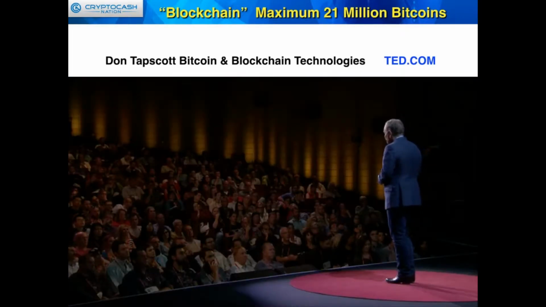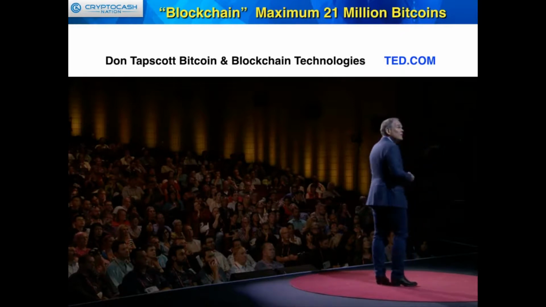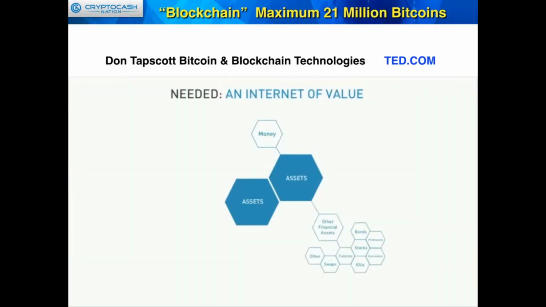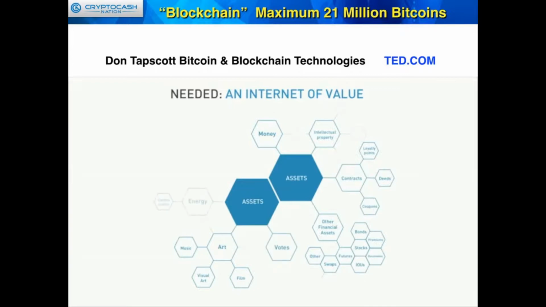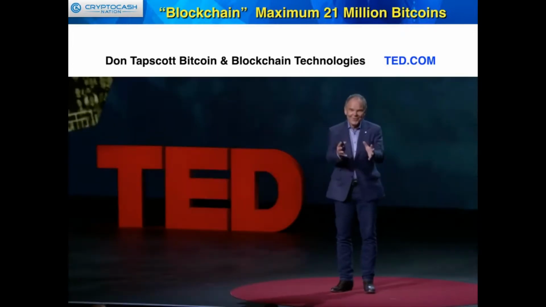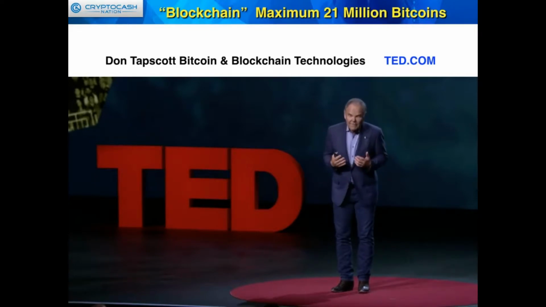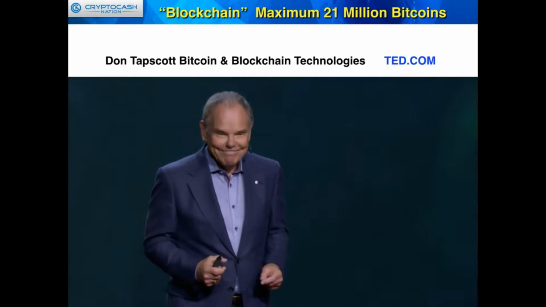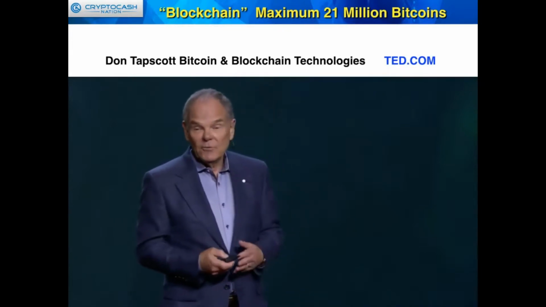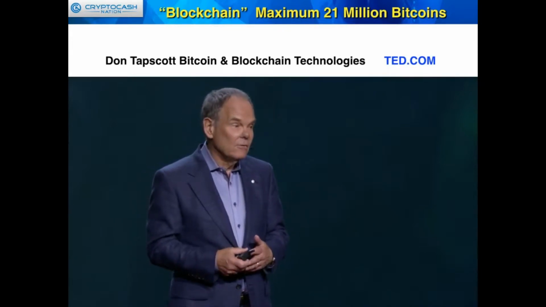But when it comes to assets, things like money, financial assets like stocks and bonds, loyalty points, intellectual property, music, art, a vote, carbon credit, and other assets, sending you a copy is a really bad idea. If I send you $100, it's really important that I don't still have the money and that I can't send it to you again. So this has been called the double spend problem by cryptographers for a long time.